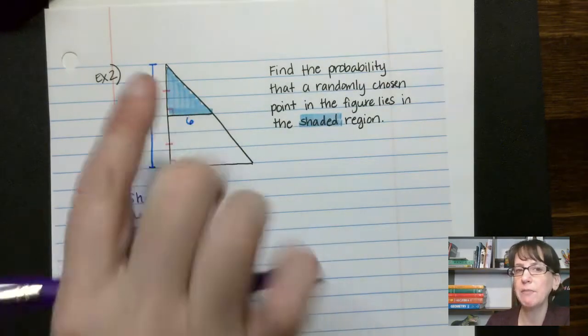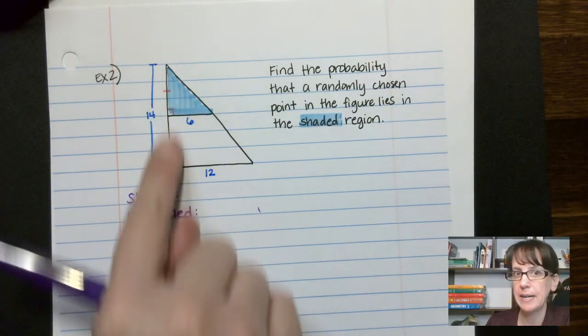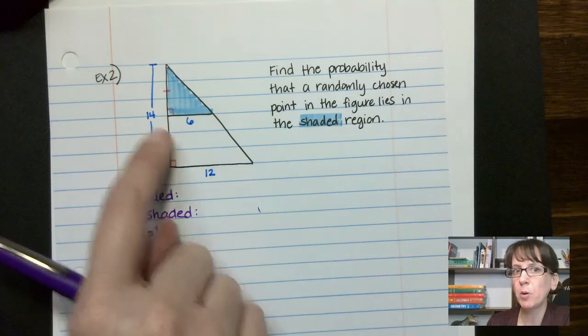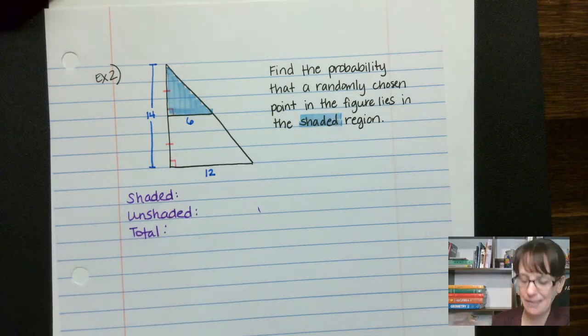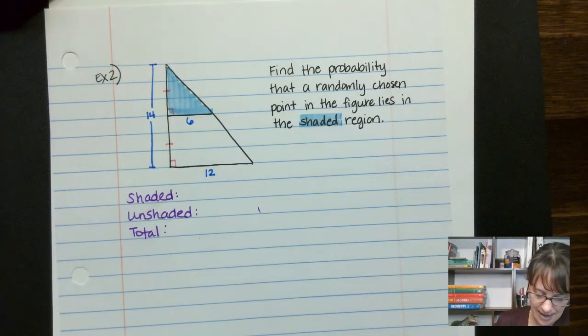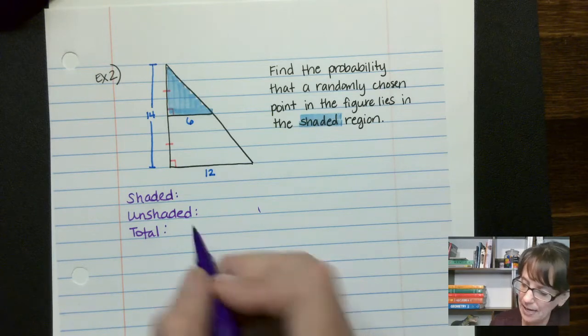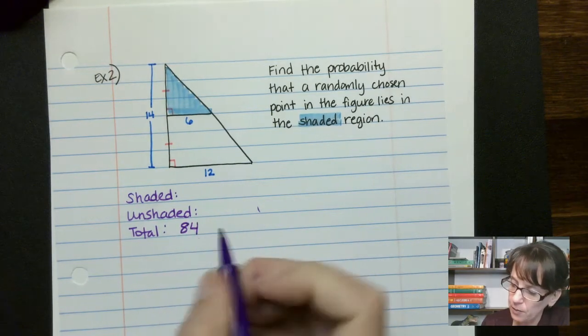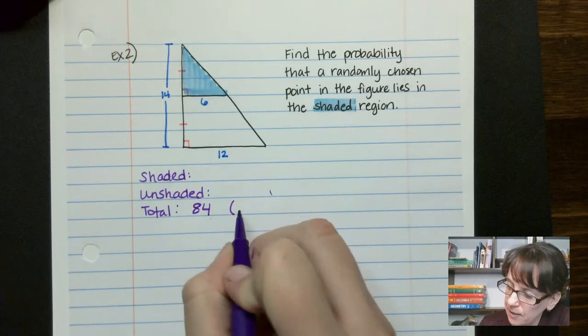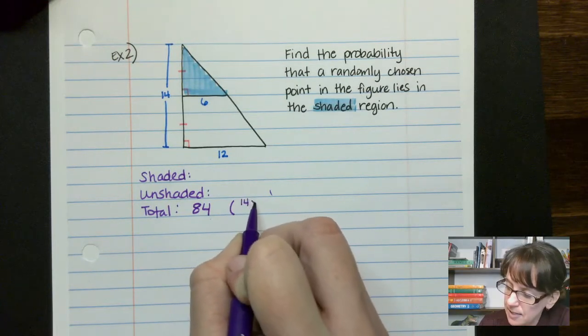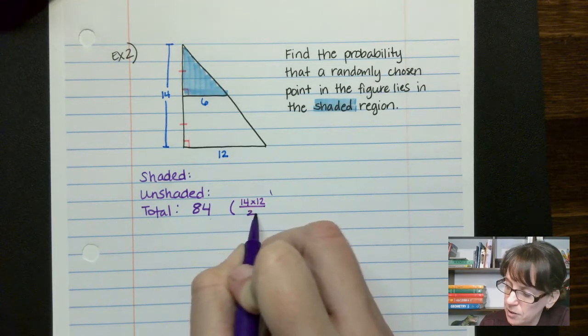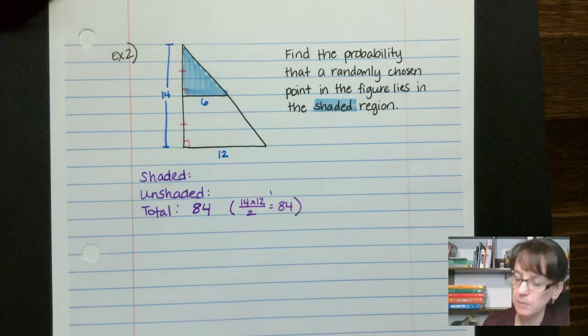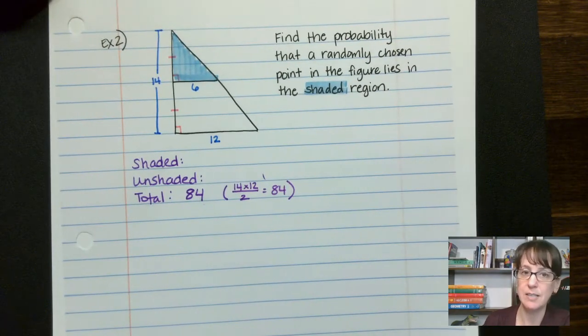Straight away, figuring out the total is this big one. All we have to do is 14 times 12, and then cut that in half. We end up with 84. So that would be 14 times 12 divided by 2 equals 84. I'm just putting a little bit of notes in there so that you can see how I got that information.